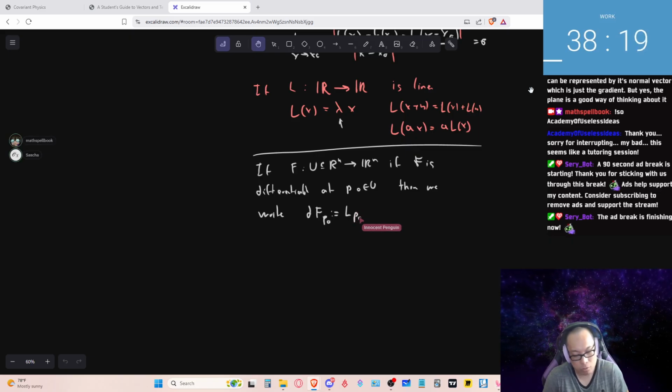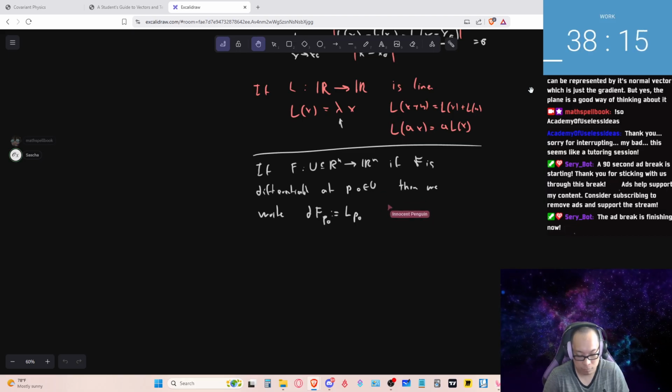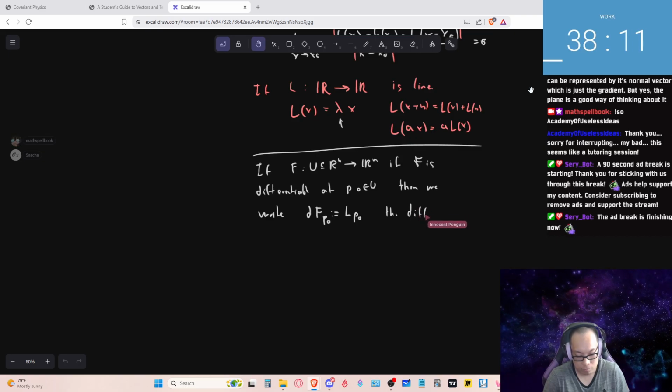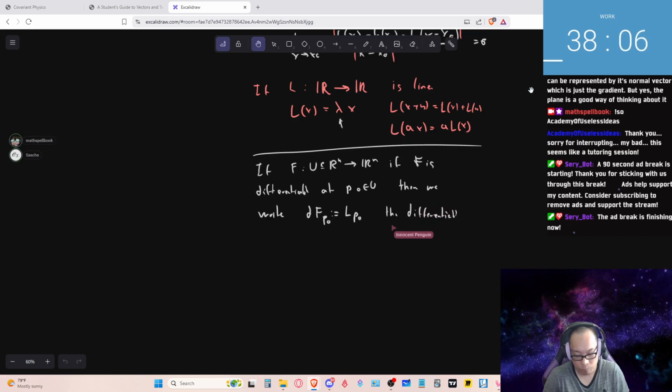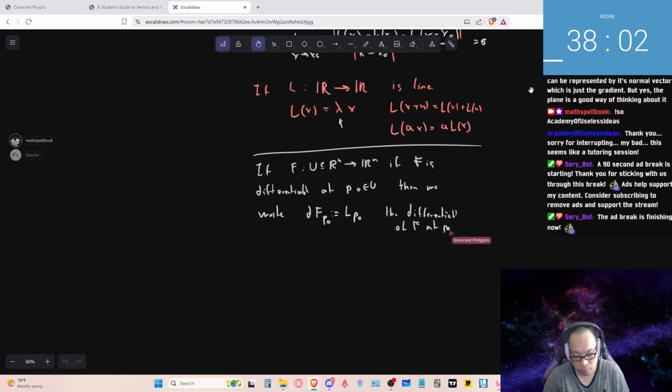So usually we use this notation, and this is called the differential of f at P0.